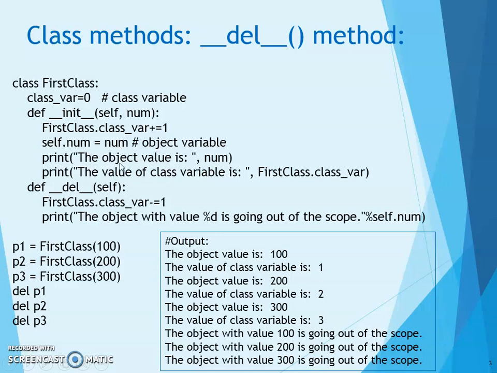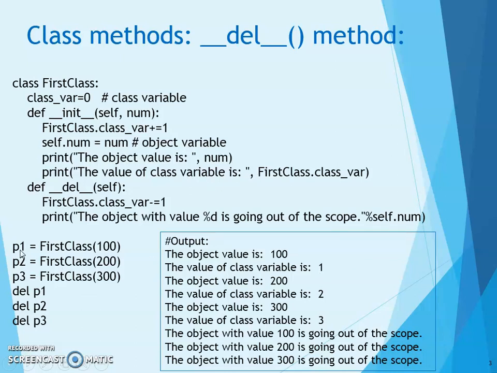Here we are printing the object value is, and the value of num that we have received is 100, so it will display the object value is 100. Here we are printing the value of the class variable, and the class variable is incremented by 1. Previously it was 0, so it will display 1 now.